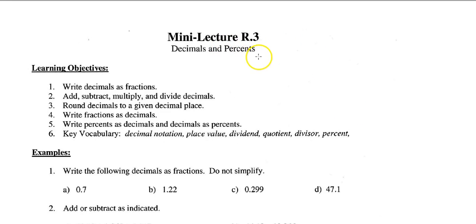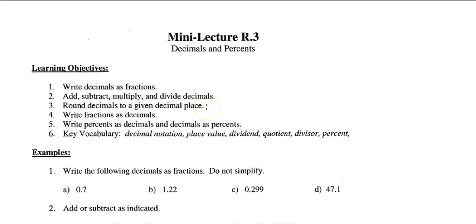This is the last part of our mini lecture on reviewing things you should bring into your math course. Here we're going to review decimals and percents: write decimals as fractions, add, subtract, multiply, and divide decimals, and round decimals to a given decimal place.